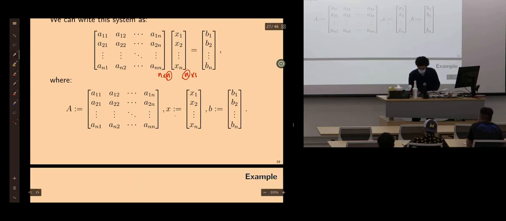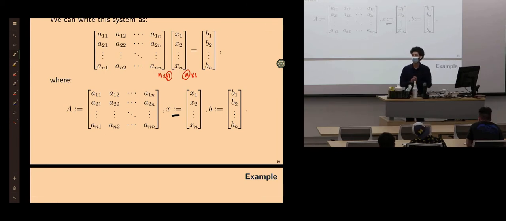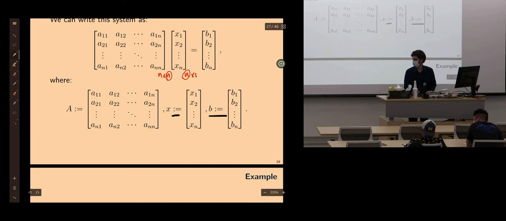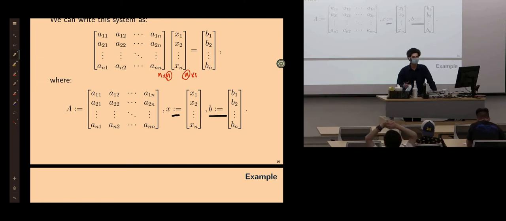Notation. This colon equality sign means define. In math, when you see this, that means that it's not that I can derive B to be this vector. I'm just defining it to be, right? It's not coming from anywhere. It's not a fact. I am defining B to be this list of numbers. And you only use it the first time because once it's defined, then you can reuse it.